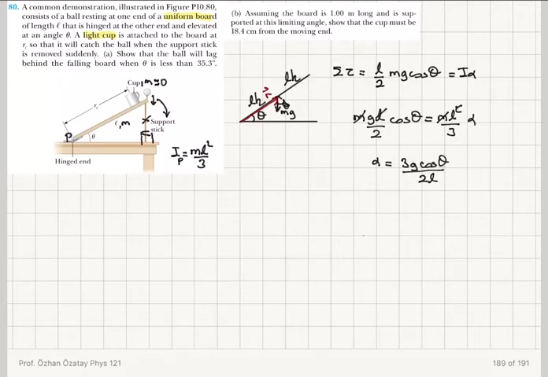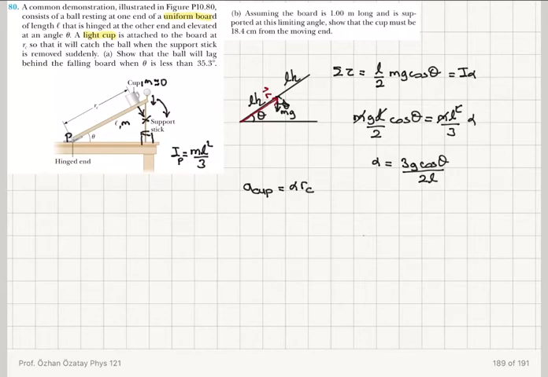And so if I go back to the statement of the problem, it says show that the ball will lag behind the falling board when theta is less than 35.3. So that means they're not coming down with the same acceleration. Okay, so what will be the acceleration of the cup?